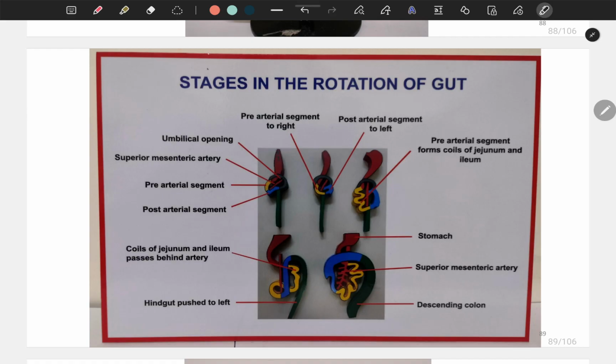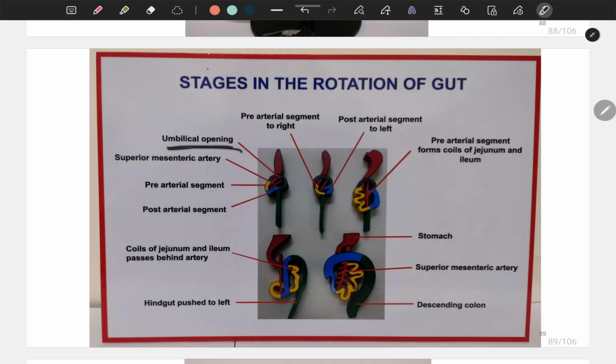Okay, this is foregut, midgut, hindgut. Midgut is herniated out. That is called a physiological hernia. Okay, and this is superior mesenteric artery. Above it is the pre-arterial segment. Below it is the post-arterial segment.